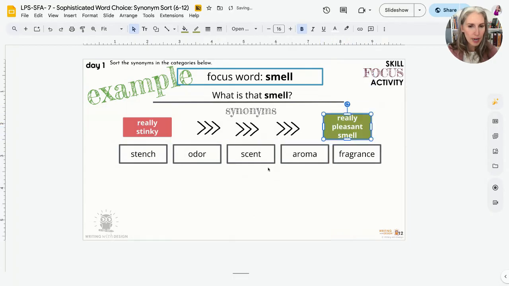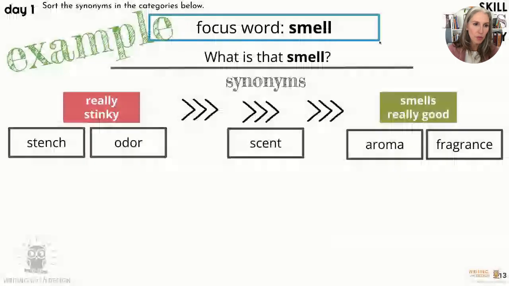And so now I've got the two ends of my spectrum identified with my degrees of what we're changing. We're going from really stinky to a really pleasant smell. All right. So from there, really stinky and really smells good. Okay, perfect. So I was close with what I had as my sample.